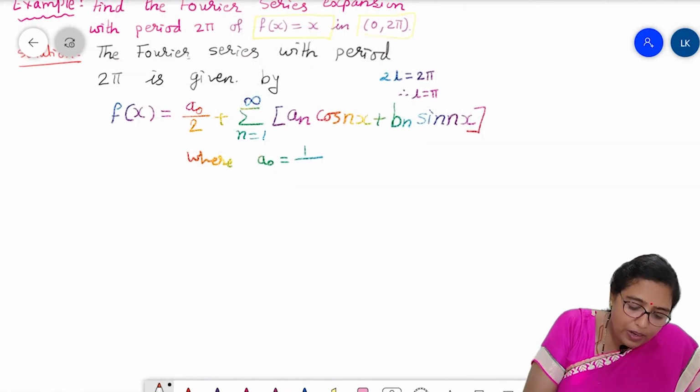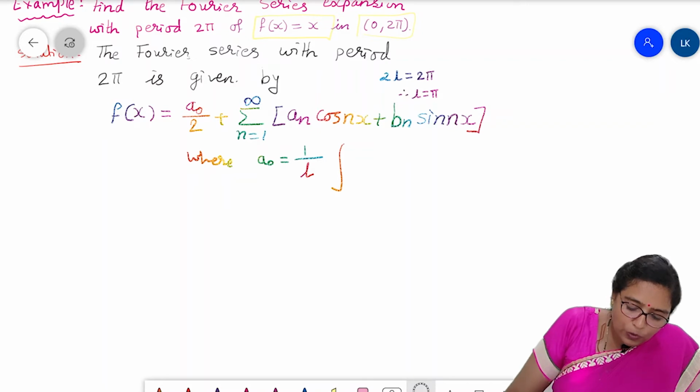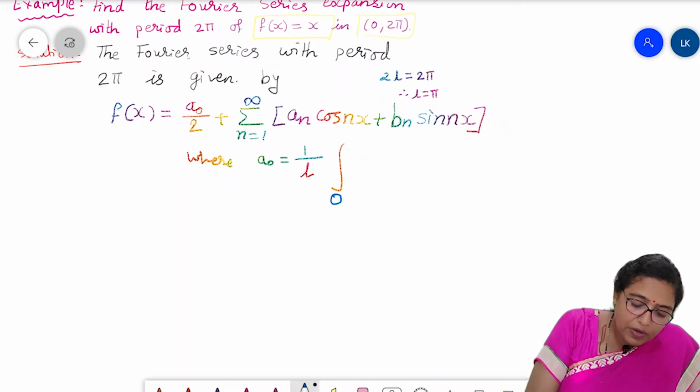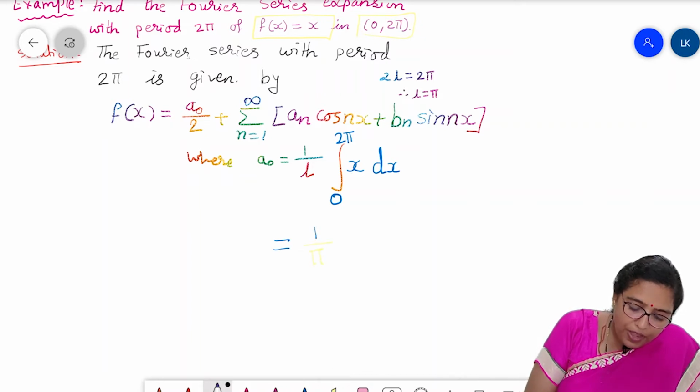1 upon l integral. Our interval is 0 to 2 pi, that means the limit of the integral is 0 to 2 pi. The given function is x dx. Putting the value of l, which is pi, the integration of x, we know it is x square by 2.